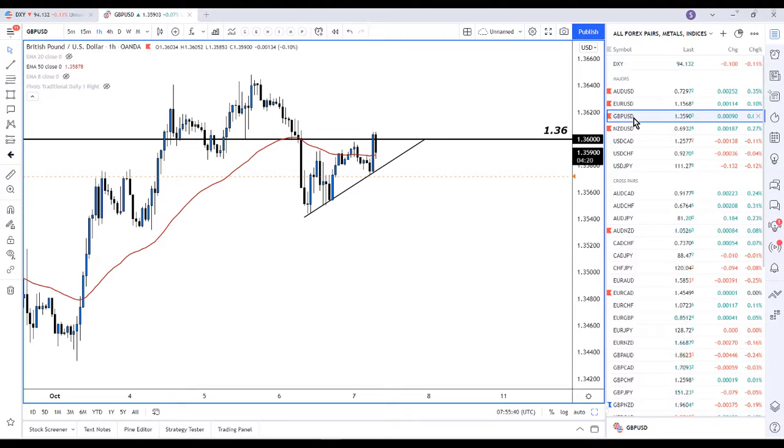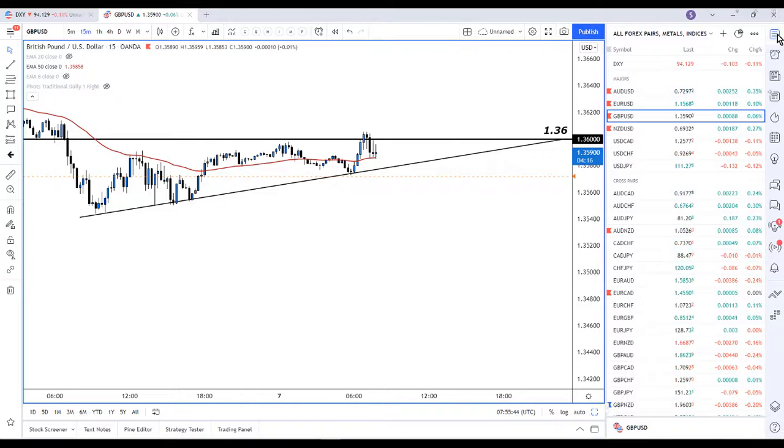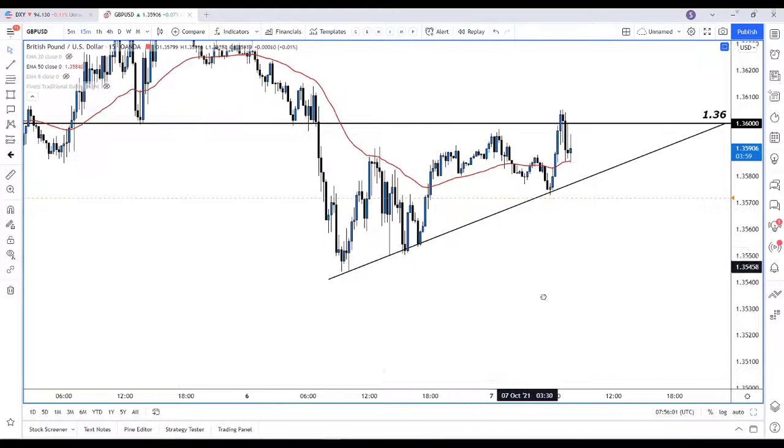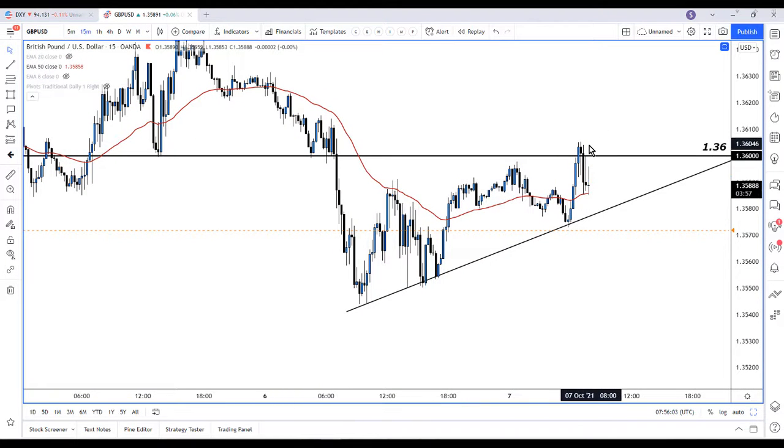Pound has come into 136 and has been rejecting it. Okay, evening star pattern there, just sitting on the 15-minute 50 moving average. Aggressive traders might have gone short at 136, just with a view of, okay, well, we've broken the level, retest it and reject it.